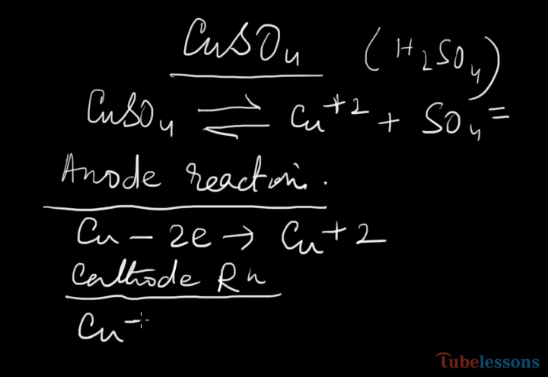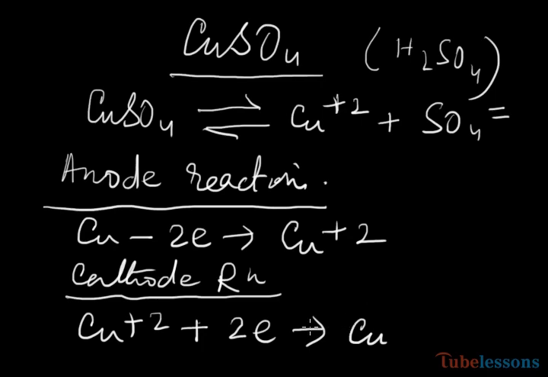Copper ions from copper sulfate solution will migrate to the cathode, and in the cathode they will receive 2 electrons to form copper. Therefore in the cathode we will get copper.